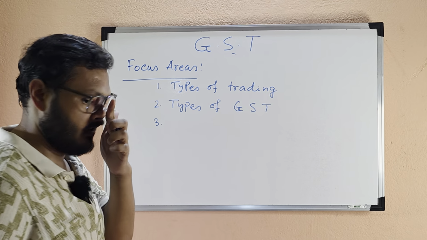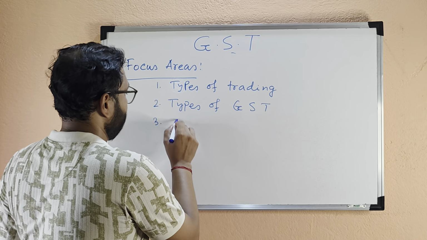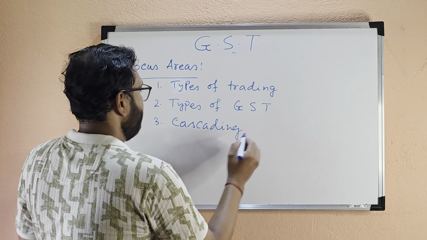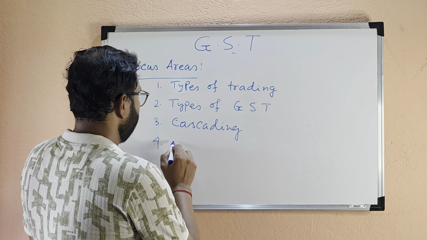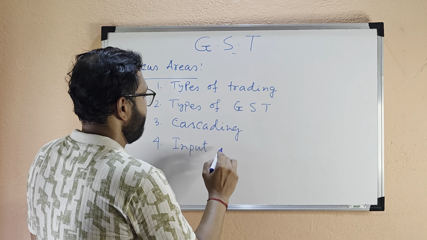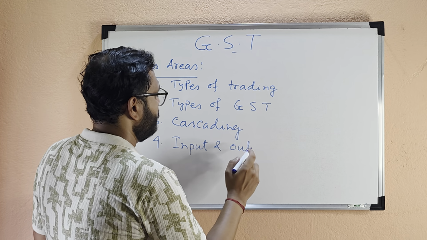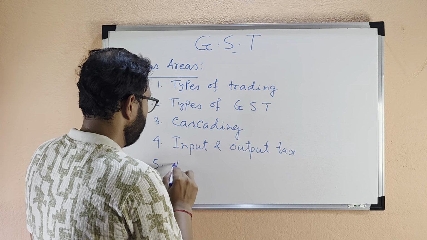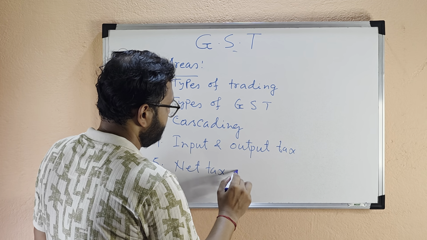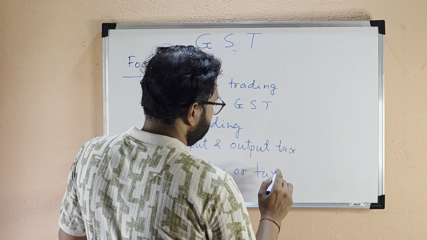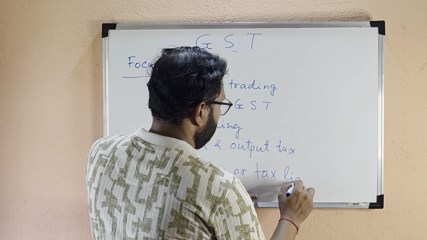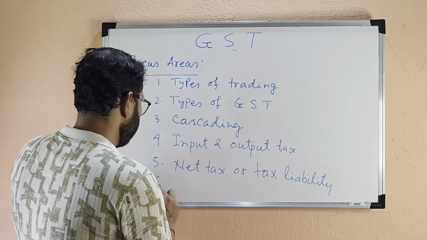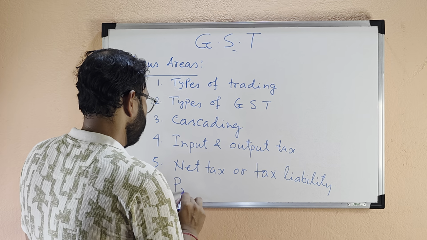Number three, cascading. Number four, input and output tax. Number five, net tax or tax liabilities. And number six, problems.